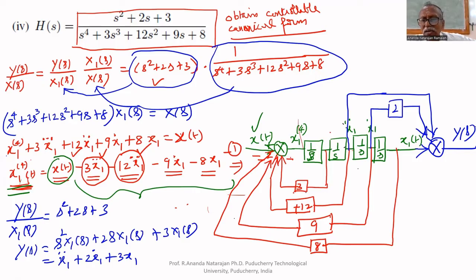If you add all together, you will get y(t). This is output, this is input. To design this system we need 4 integrators and 2 summing blocks; a 4th order system you can design. This is in controllable canonical form.